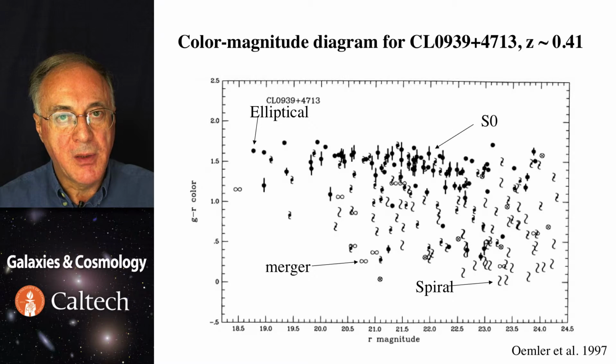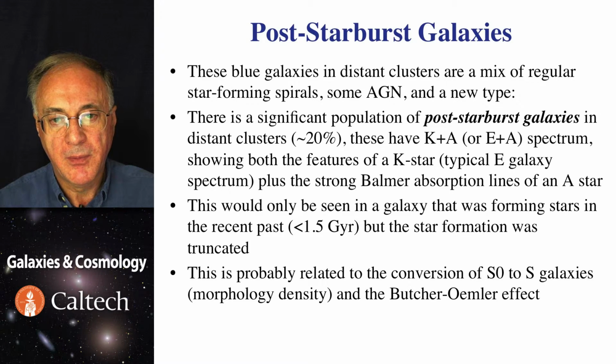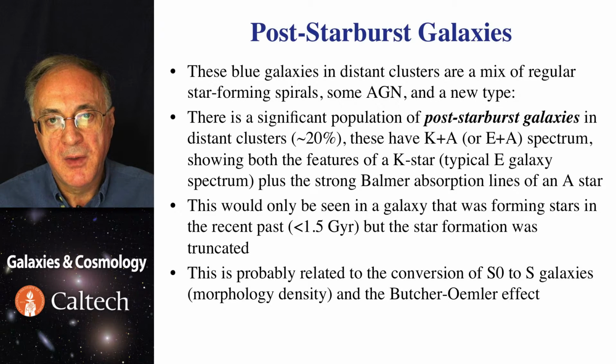With the Hubble Space Telescope, it became possible to look directly at the morphology of galaxies in distant clusters. And here is one of them, where different symbols correspond to galaxies of different morphological types. With that and spectroscopic measurements, we can try to disentangle what's going on. An interesting finding was made that there is a novel type of galaxies found in these evolving cluster populations, so-called post-starburst galaxies.